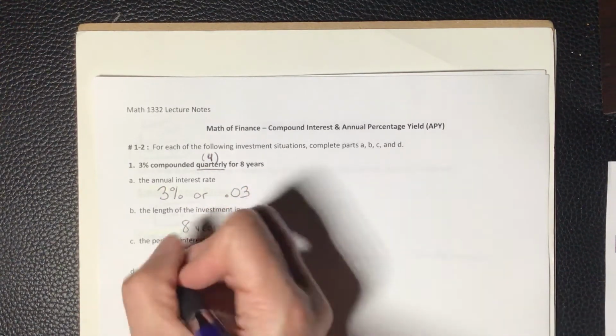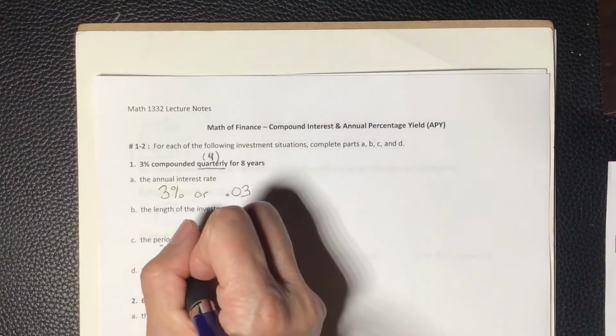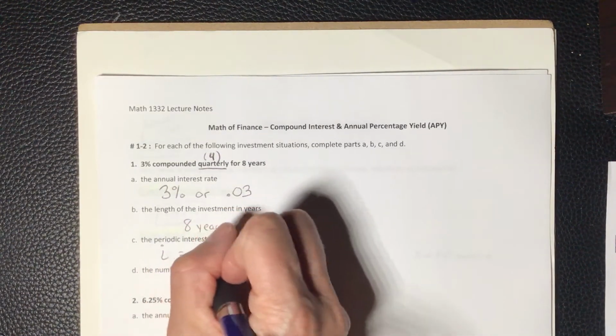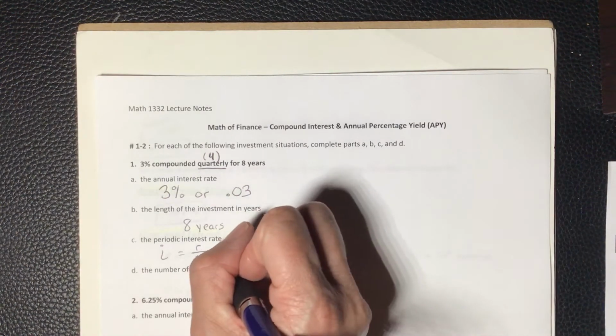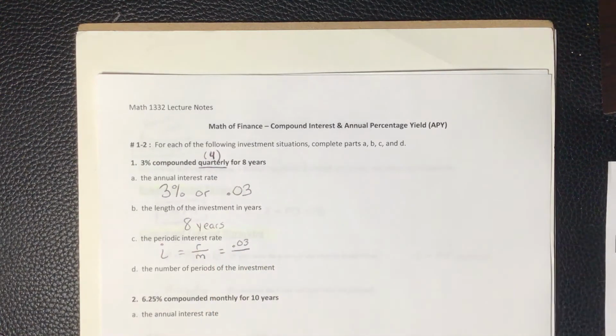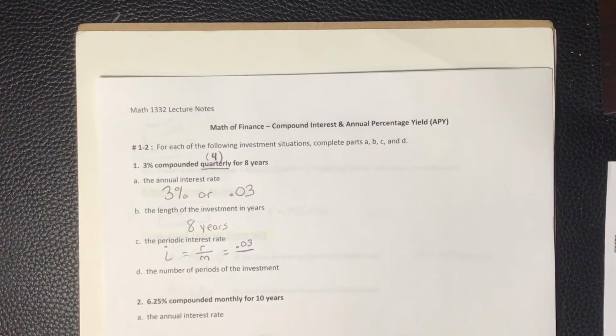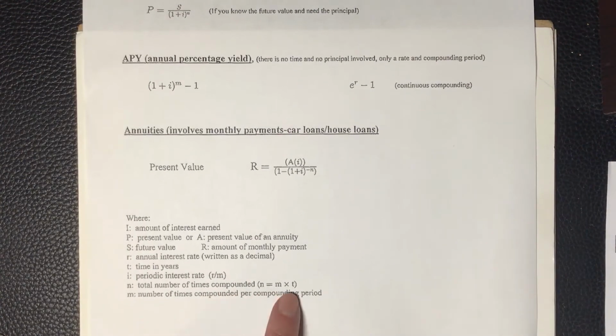Then we get to the periodic interest rate. This is I. The formula for I is R divided by M. Now we just found R. That's going to be our interest rate, so that's going to be 0.03. You do have to put that in as a decimal. Now if we look back at our formula chart for M, M is the number of times compounded per compounding period.